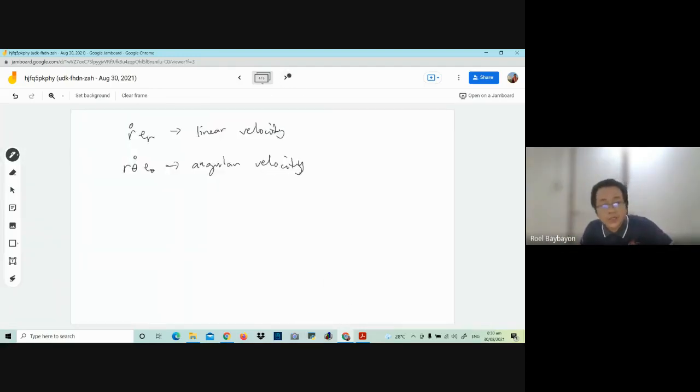We can also get the acceleration. The acceleration a is just equal to r double dot, or this is just equal to v dot.